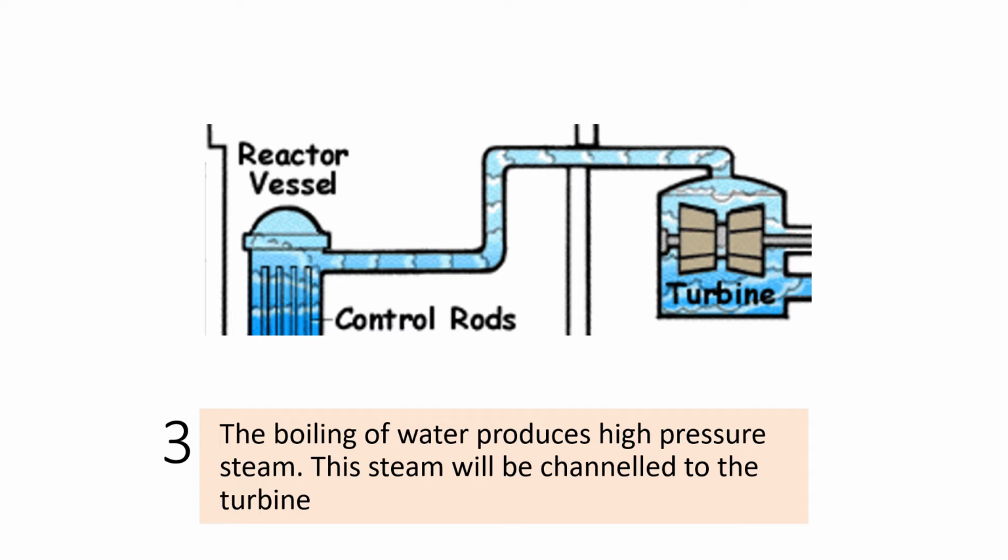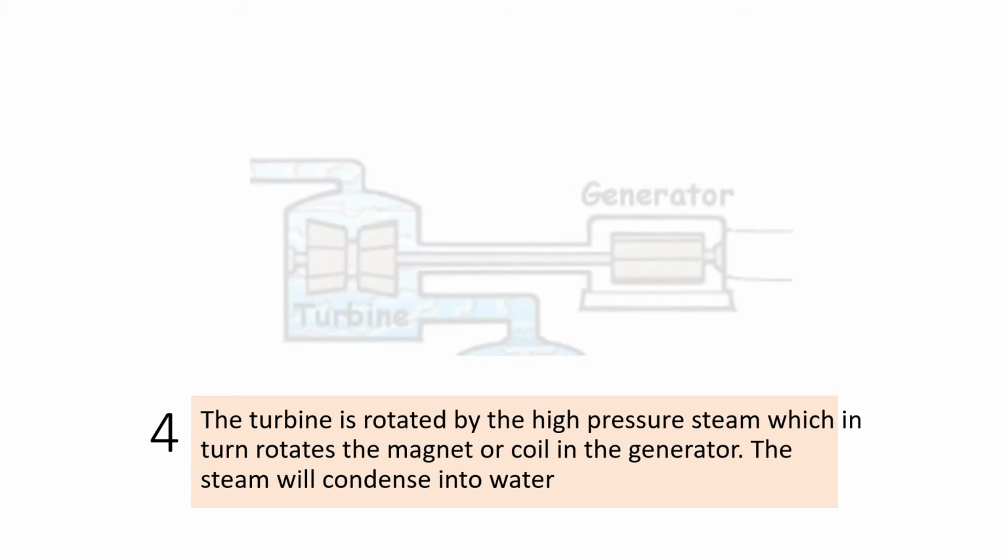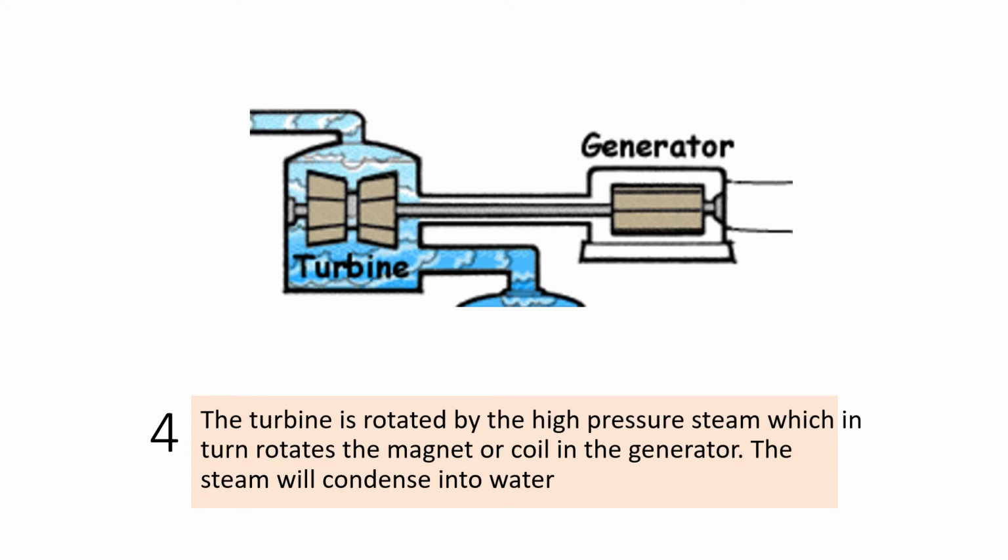And what will happen to the turbine? What actually happens is the turbine is rotated by that high pressure steam, which in return will rotate the magnet or coil in the generator, and the steam will condense into water. So what happened to the generator?